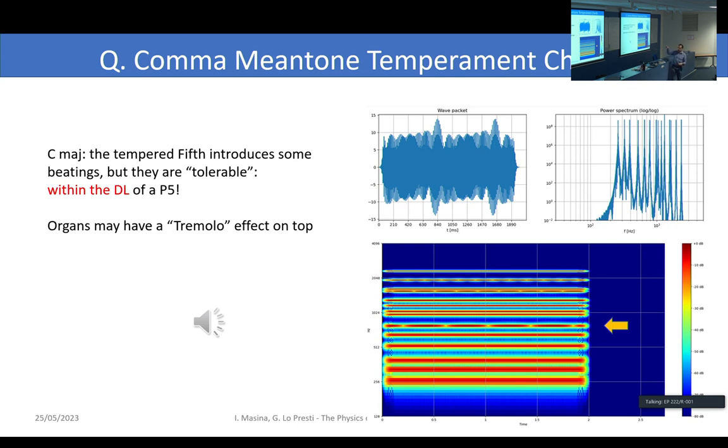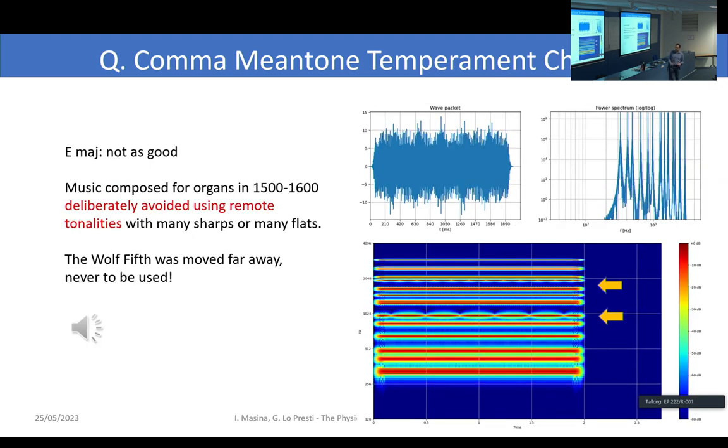You see that there is a little bit of beating, but it's not terrible. So there is a bit of beating, yes, but it's a kind of tremolo effect. It's not horrible. It was considered tolerable, let's say.